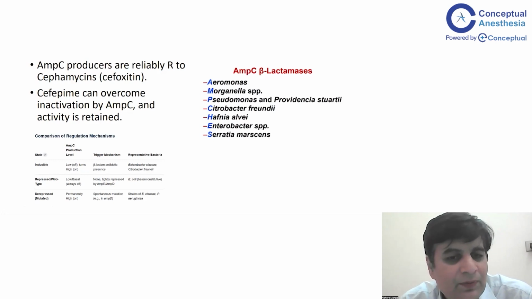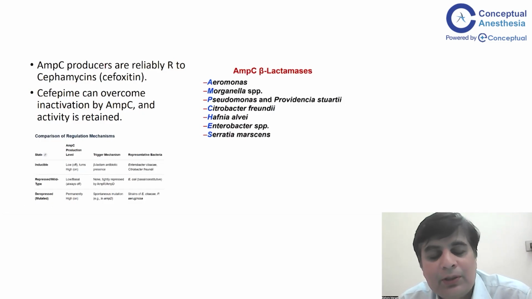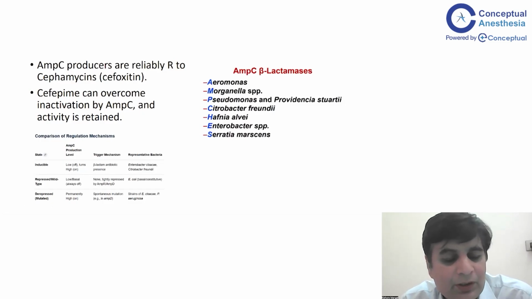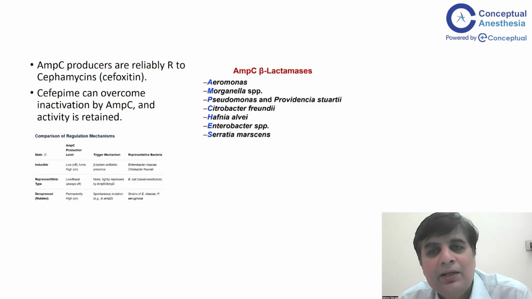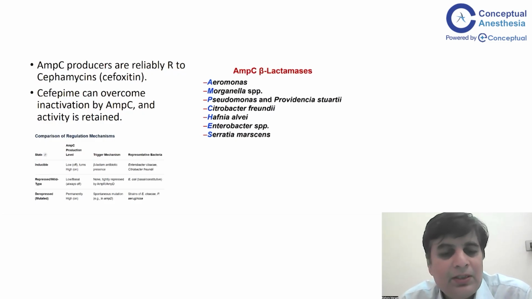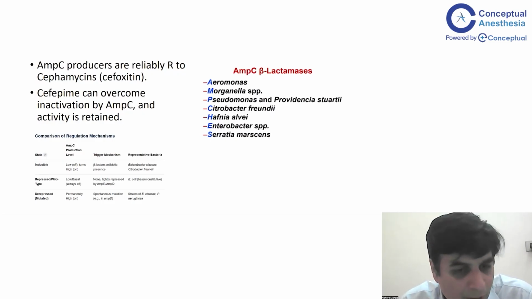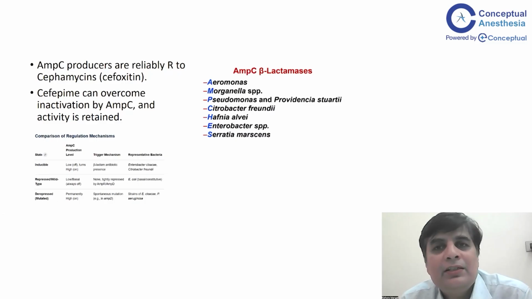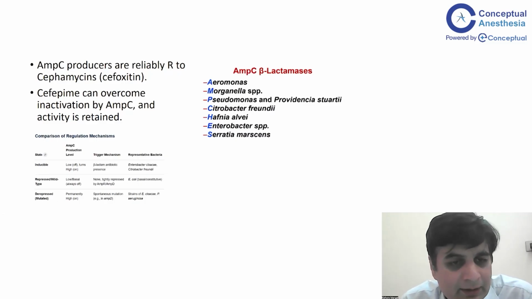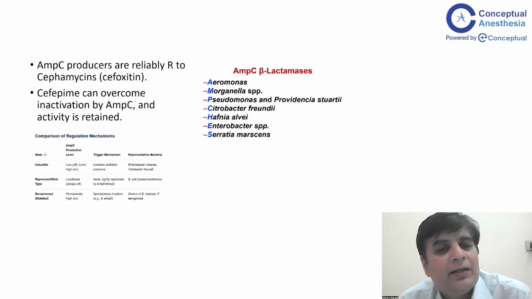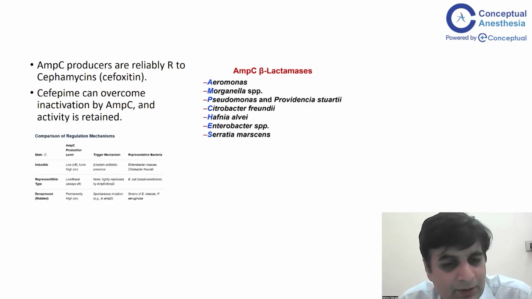In AmpC, we initially also saw that there are inducible, repressed, and de-repressed types of phenotypic expression. Inducible means that as such AmpC resistance lies low, but when there is presence of a beta-lactam antibiotic, then it gets activated and starts its work, especially against cephalosporin.